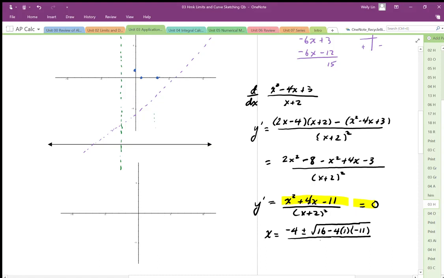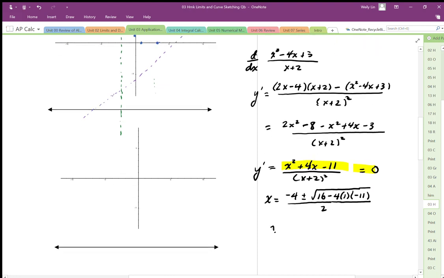That's going to be 60. So I end up with negative 4 plus minus square root 60 over 2. And that will simplify to negative 2 plus minus square root 15. Okay, and this is approximately equal to negative 5.9 and negative 1.9, approximately.